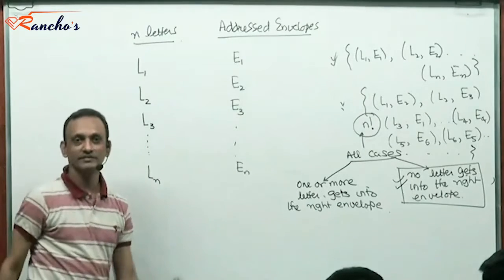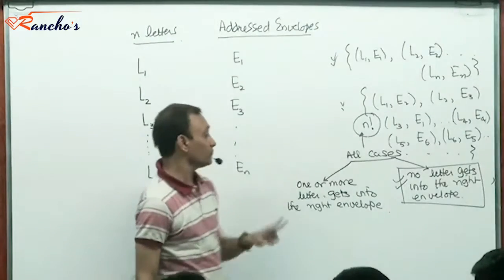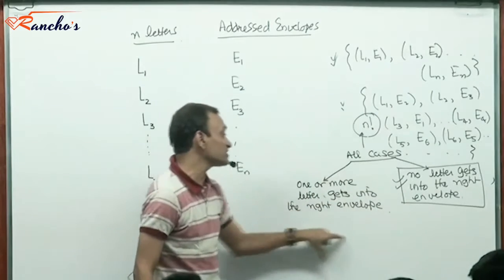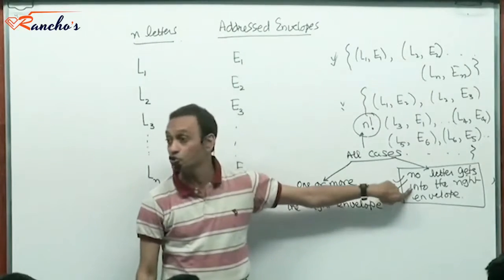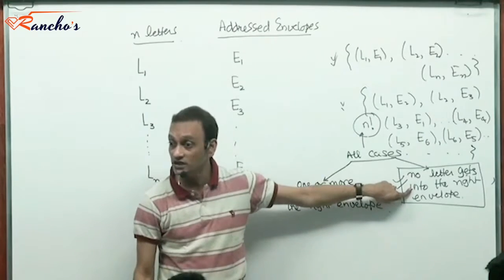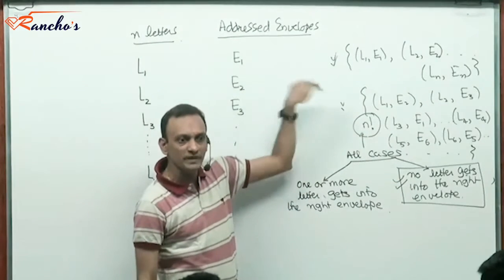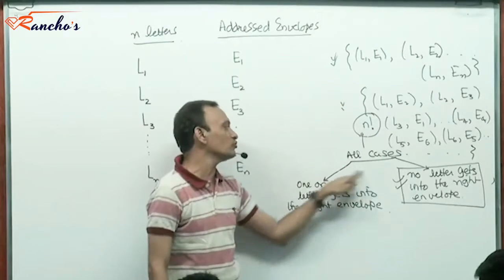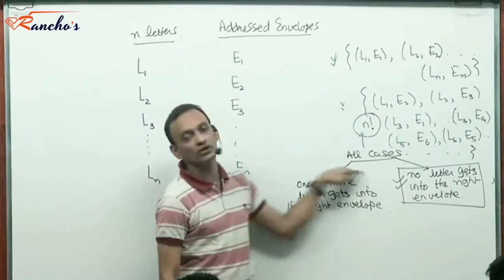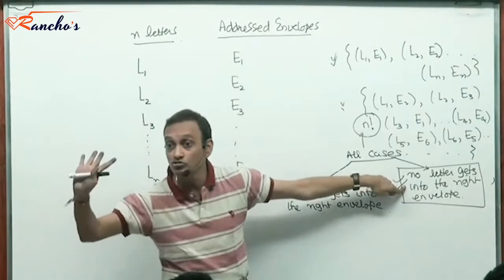Mathematical objective. Right? So from n factorial, if I remove the number of cases in which one or more letter gets into the right envelope, then I get cases in which no letter gets into the right envelope.